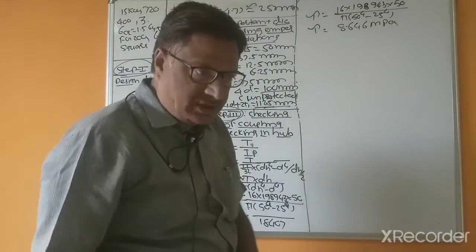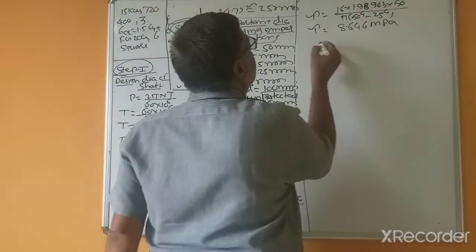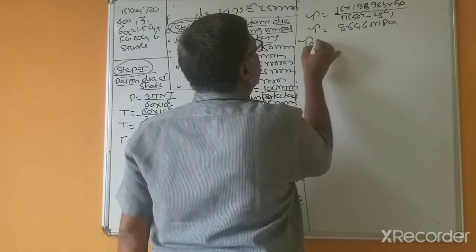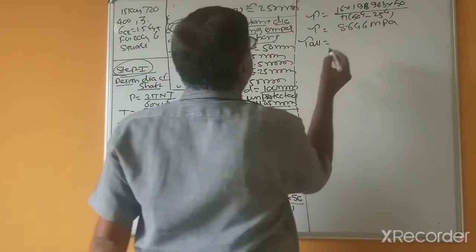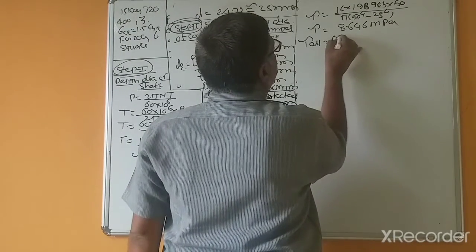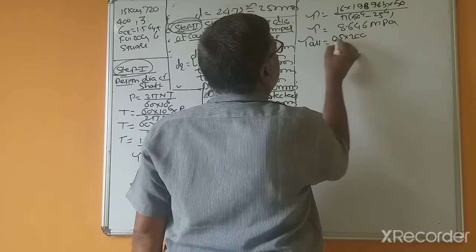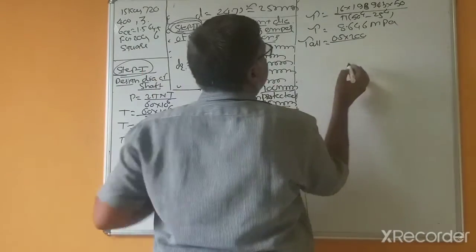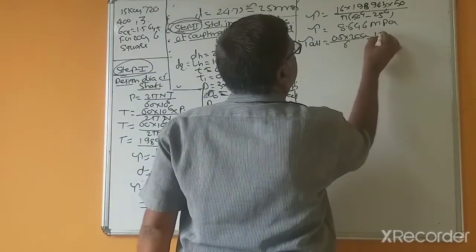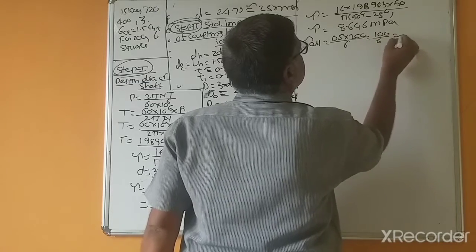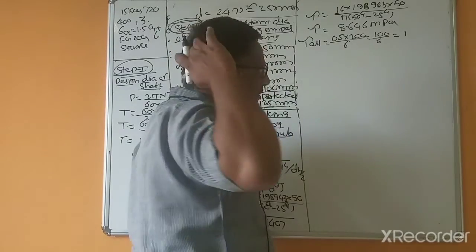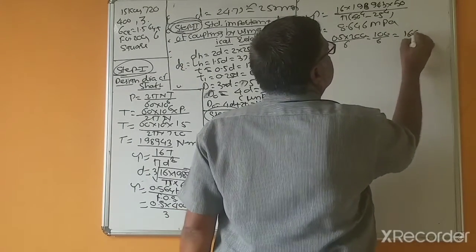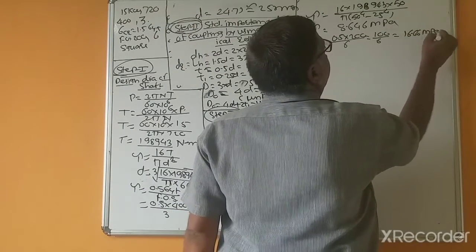megapascals. So that's why, yes, we can write, and allowable is 0.5 multiplied by 200 divided by factor of safety 6, 100 divided by 6, and this is equal to 16.66 megapascals.